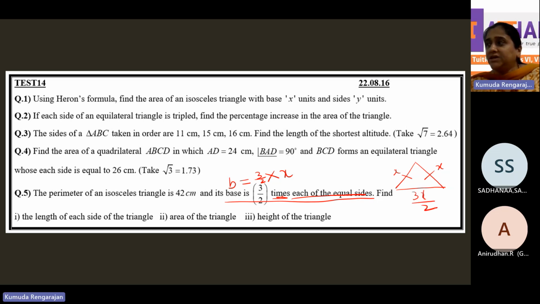If you call the equal sides x, then the base will be equal to 3x by 2.